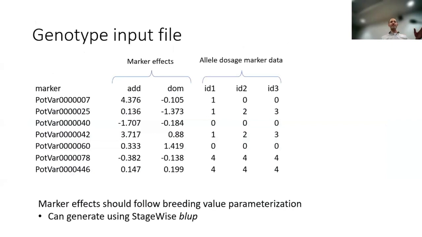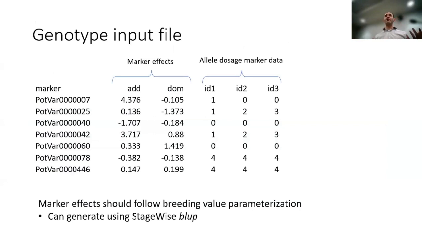So here's the example genotype input file that comes with the package. There are 93 potato clones. I have used StageWise to analyze a lot of historical data for our breeding program. I built a selection index that combined yield, dry matter, potato chip color, and maturity, and put it all into the package and got these additive and dominance marker effects.